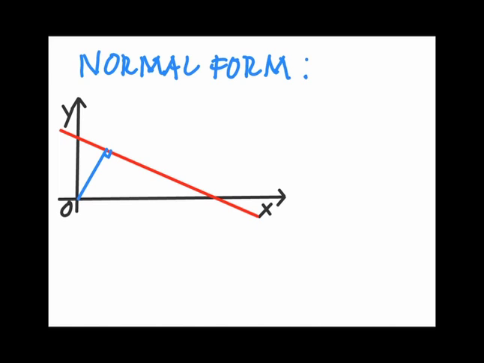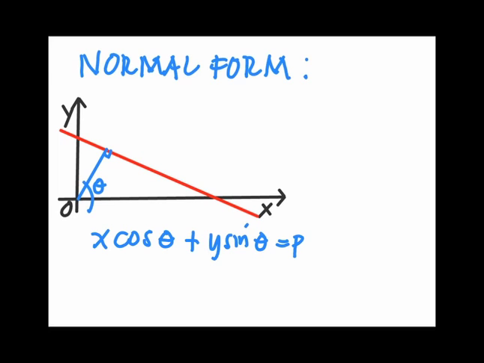Let's denote by theta this angle here. We can now write the equation of the line in normal form given by this equation, x cosine theta plus y sine theta is equal to p.